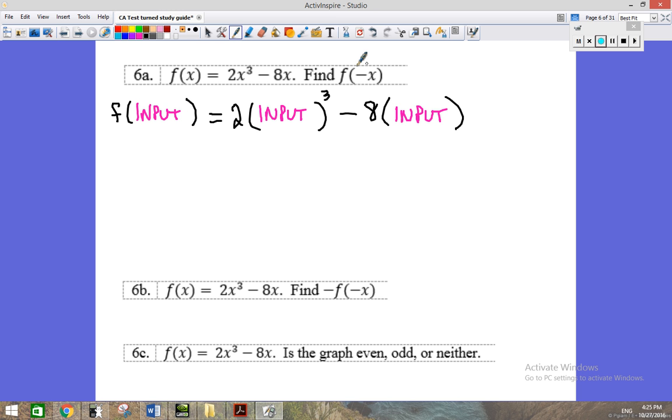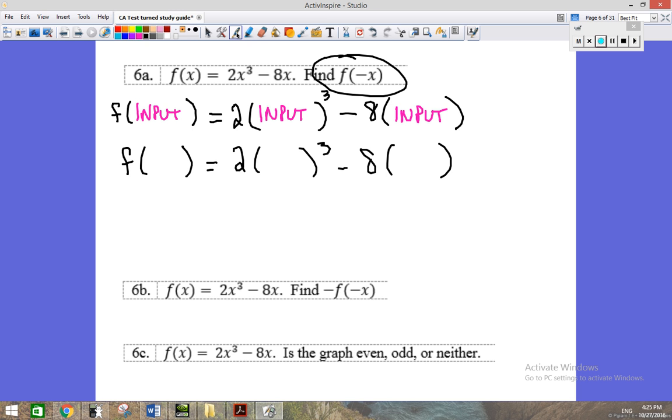But we want to find f evaluated at negative x. We want this input to be negative x. So everywhere we see input, we put a negative x.